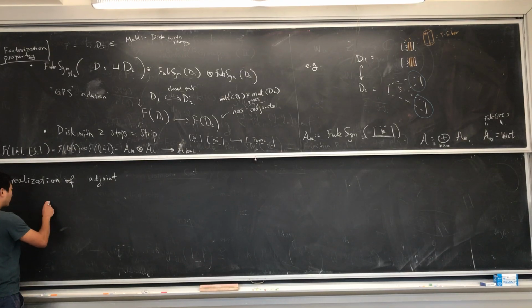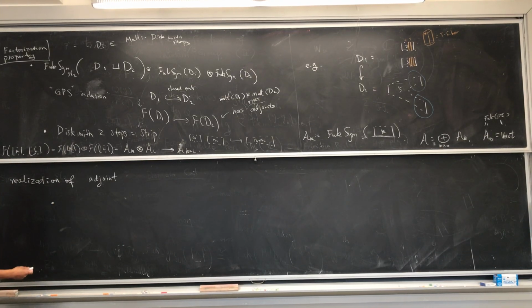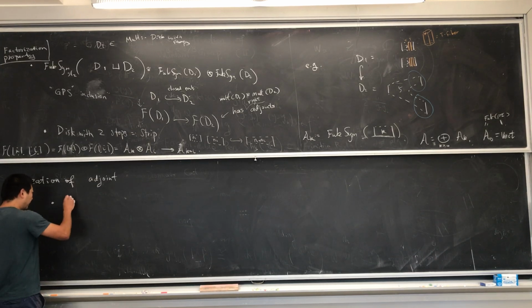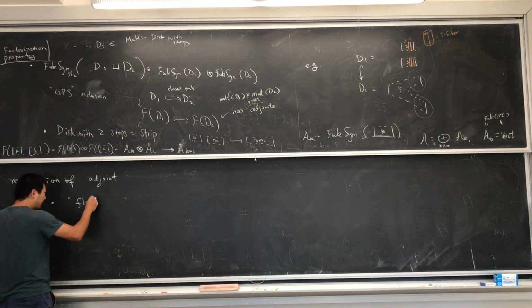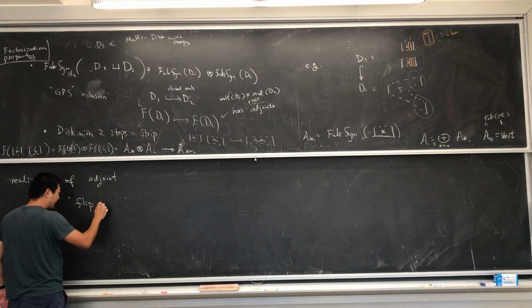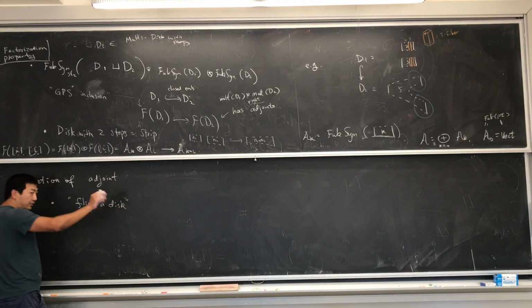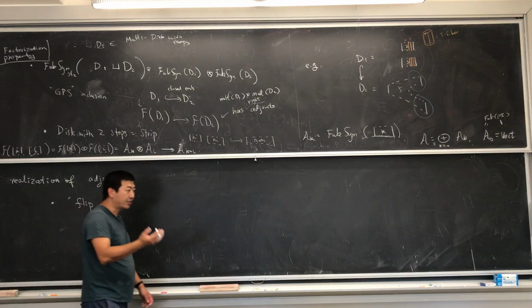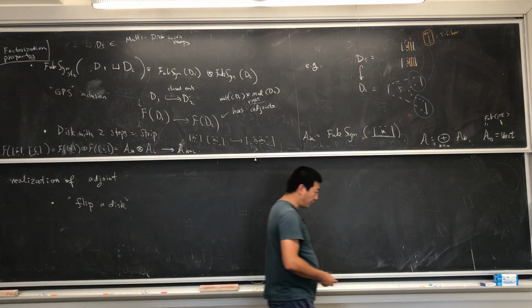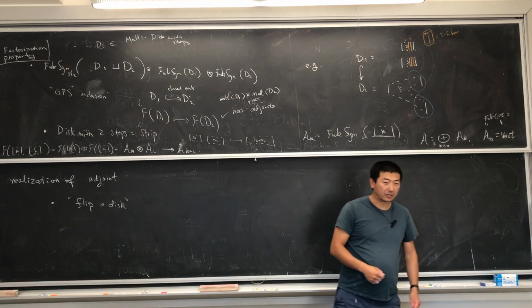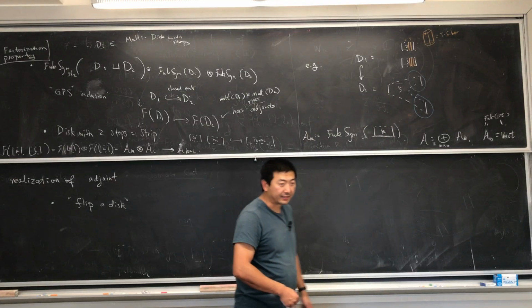Let me first define an operation called flip disk. Here I don't actually flip the disk. I just change the boundary type from a stopped boundary to a non-stopped boundary. Just flip solid line into dashed line.